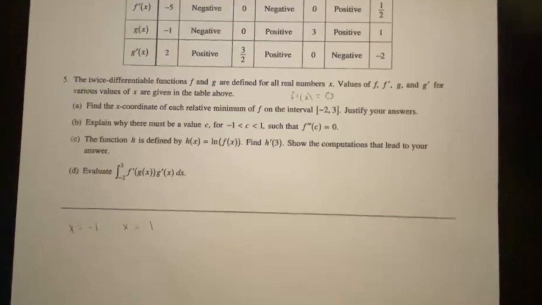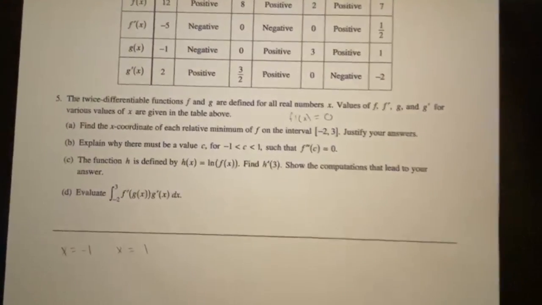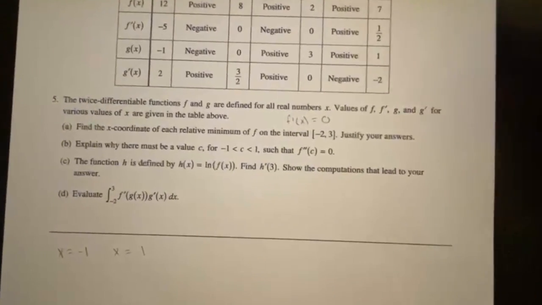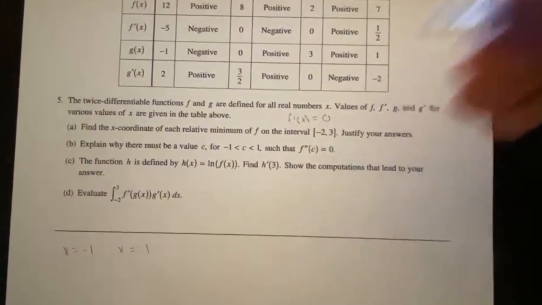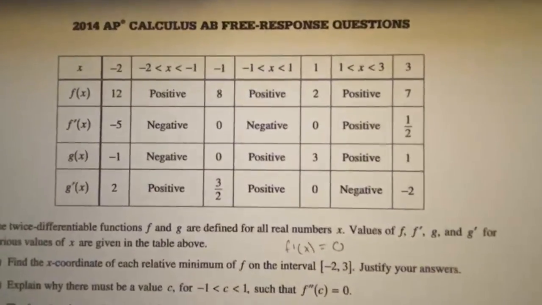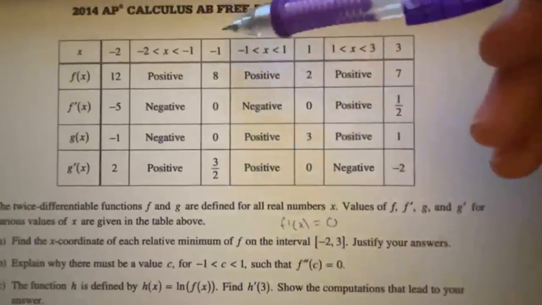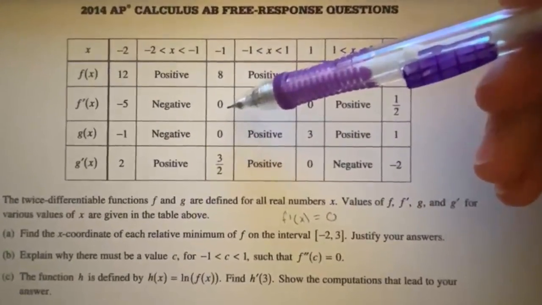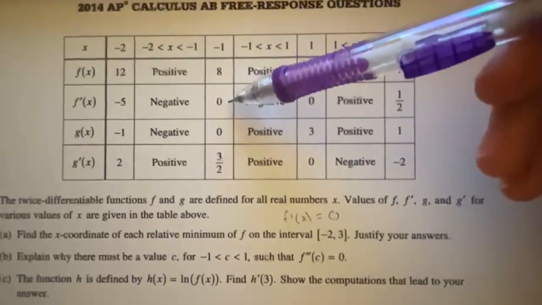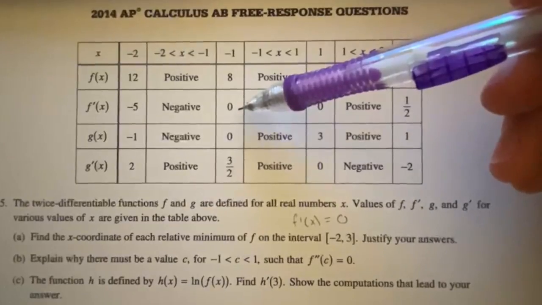So since we need to find the x-coordinate of each relative minimum, we know that our f prime of x needs to change from negative to positive. So if we go back to the graph, we can check the points. So the first critical value was x equals -1. If we look at f prime of x at x equals -1, we see that this is equal to 0.